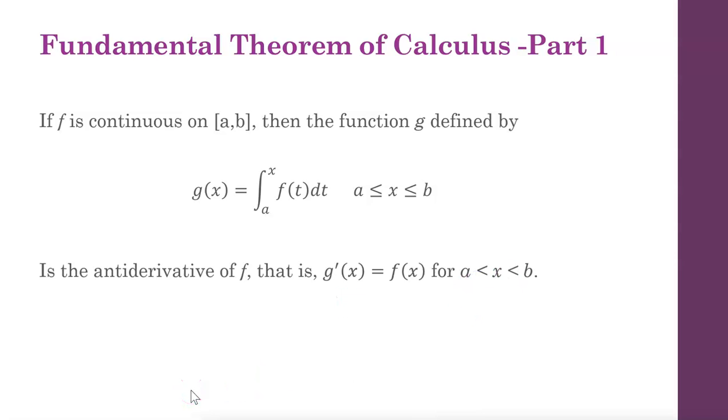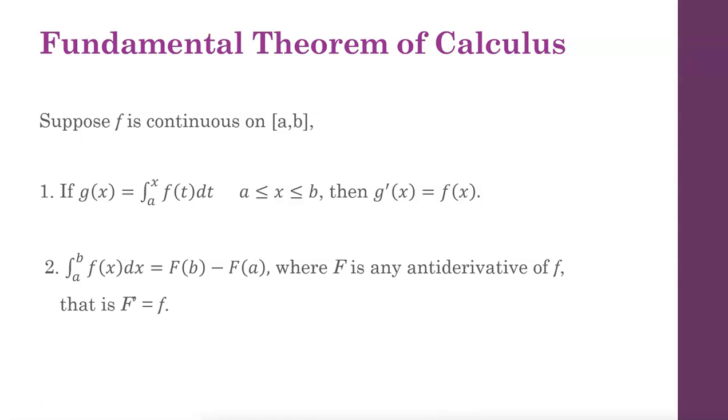So if I then put this together with the first theorem that we saw, we get the entire statement of the fundamental theorem of calculus. Right? So here's the full statement. Suppose f is continuous on a b.